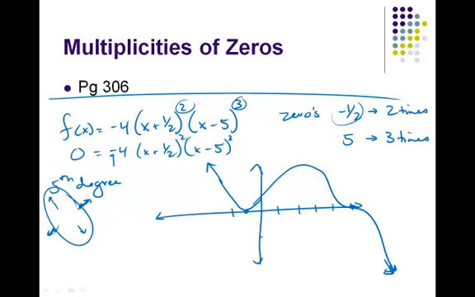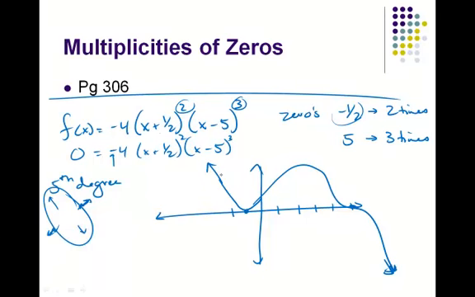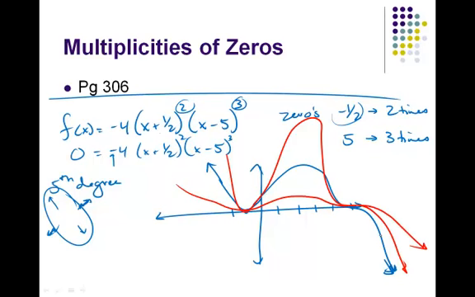there's my down on the right. Now this is just a rough sketch. I don't know exactly what happens in between. It might be much steeper. It might do something like this. But I do know that at this point it's going to touch and turn.